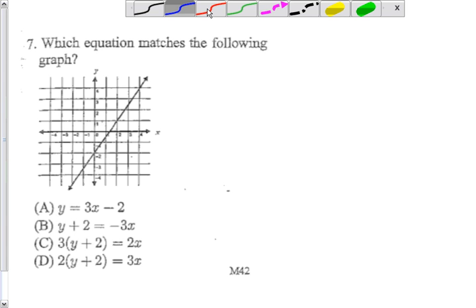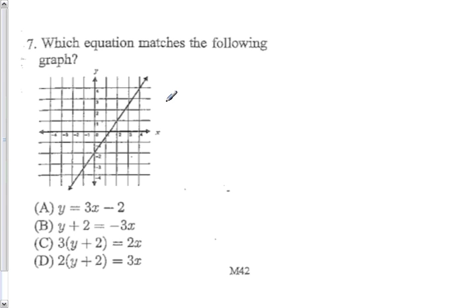So let me get a pen here and let's mark some of these points where they cross. We have one point that lies directly there. We also have another one here we can notice pretty easy. This ordered pair here is 0, -2, and this ordered pair here is 2 and 1.